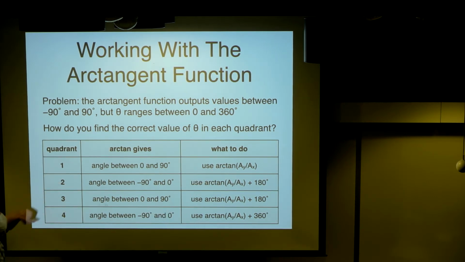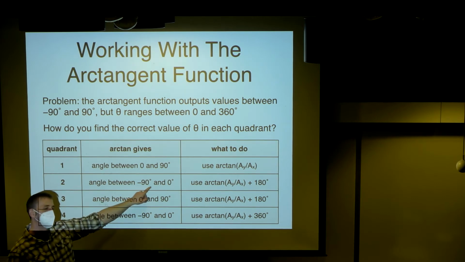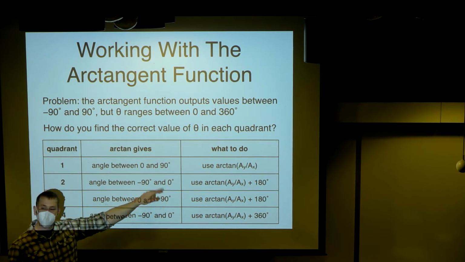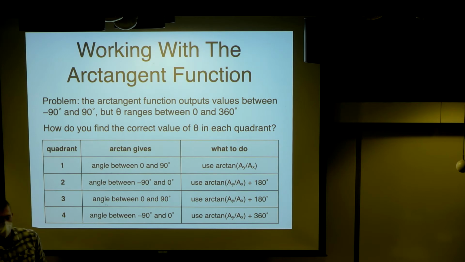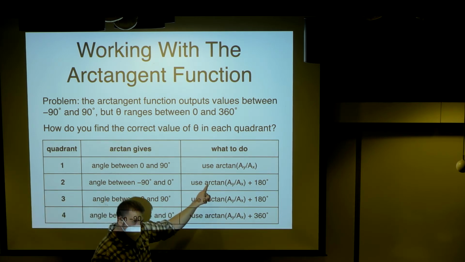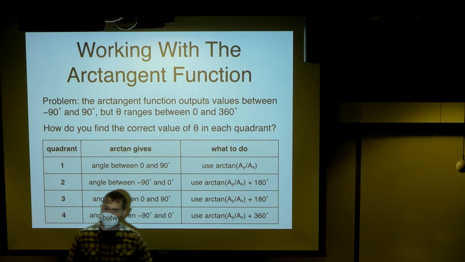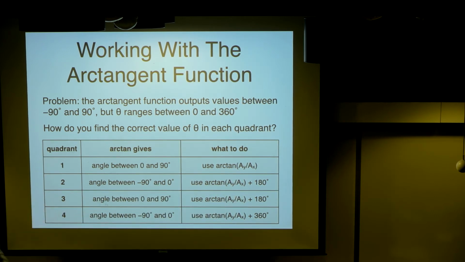If you're in the second quadrant, if you just plug in ay and ax to the arctangent function, it's going to spit out something between minus 90 and 0. So here's how you correct for that. You simply add 180. So if you're in the second quadrant, do arctangent of y over x, and then add 180, and that will be the correct angle, measured off the x-axis, okay?